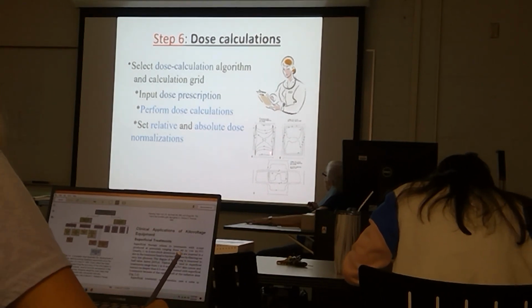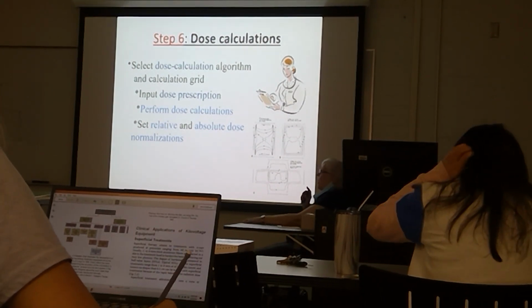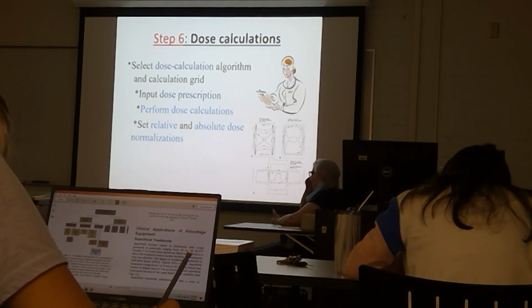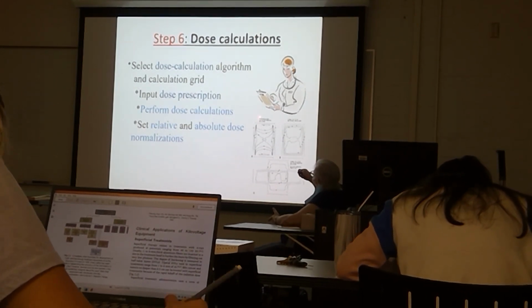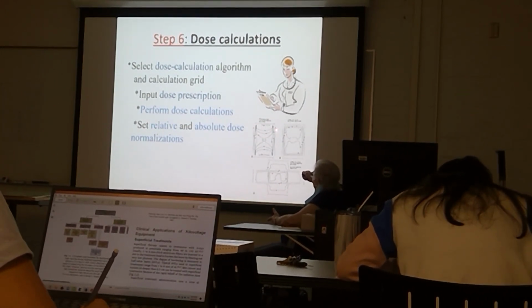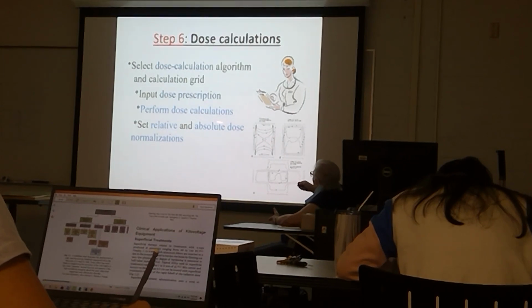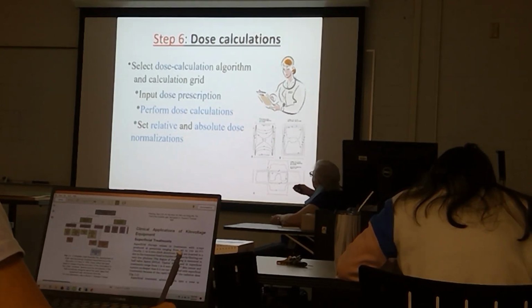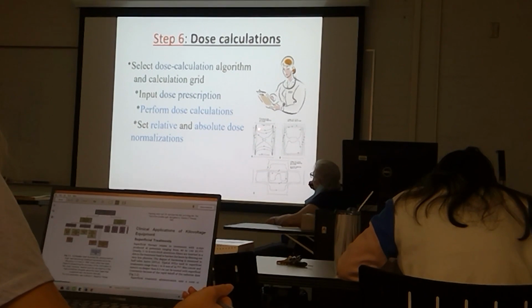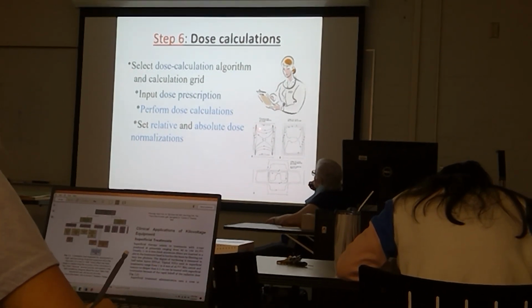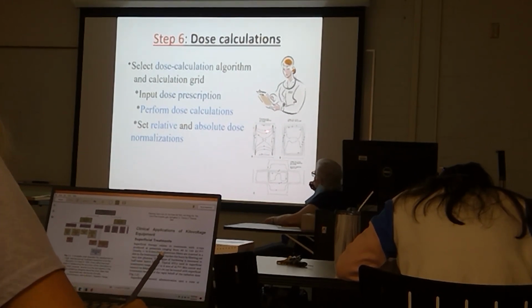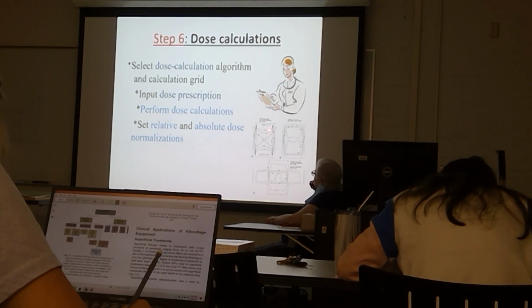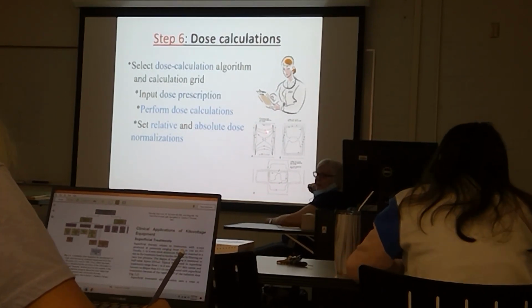The isodose curves are usually curved like this, and each of these lines joins points of the same dose. So if this is 70%, then everything along this line is 70%.